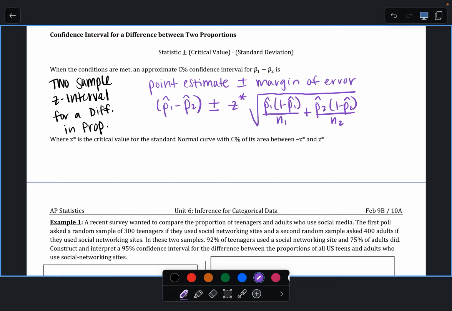Now, one thing I will say, there are some common Z values that are really good to know. For 90%, we said 1.6449. For 95%, we said Z star was 1.96. And for 99%, Z star is 2.5758.